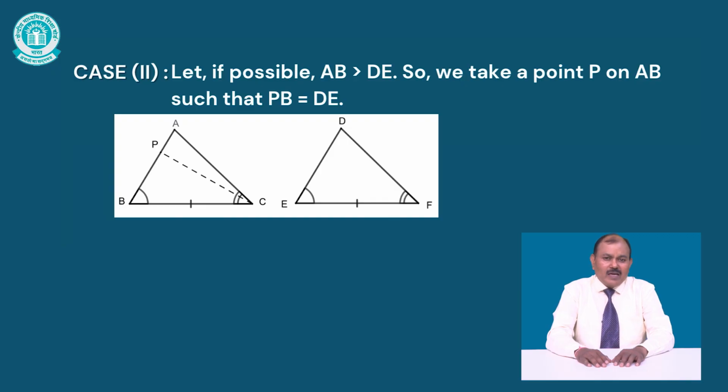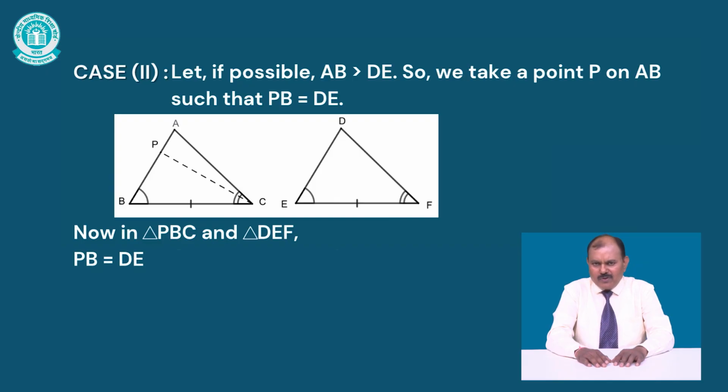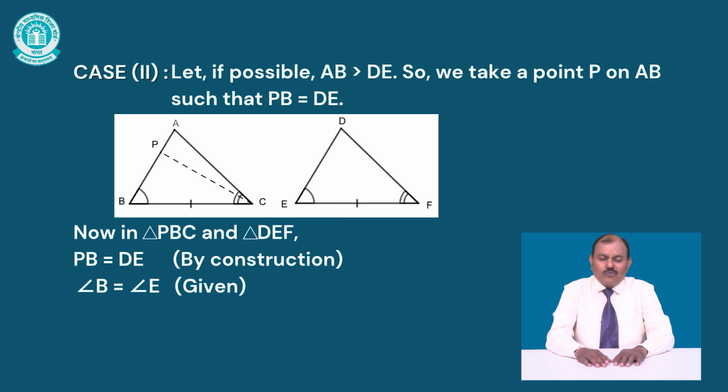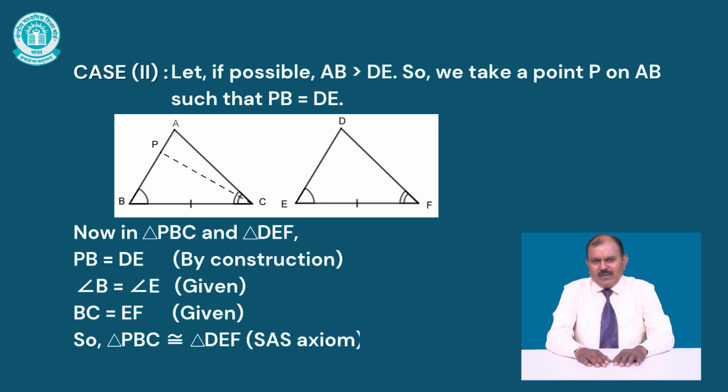Now, in triangle PBC and triangle DEF, PB equals DE by construction, angle B equals angle E is given, and BC equals EF is given. So, triangle PBC is congruent to triangle DEF by SAS axiom.